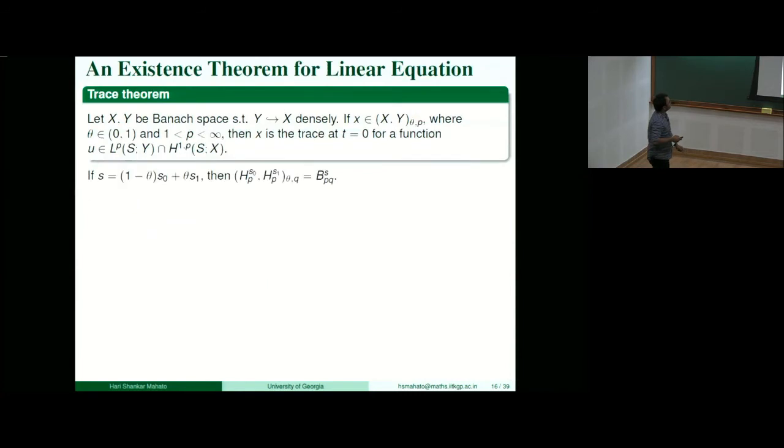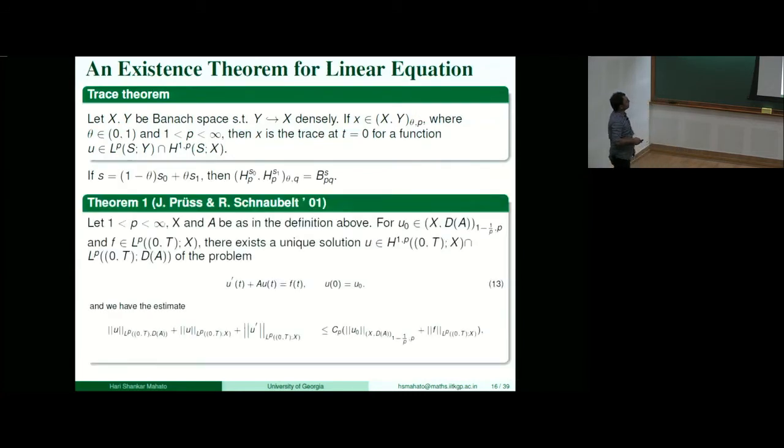And if our operator A has that property, then we can say that this Cauchy equation with initial condition u0 will have a unique solution, and it will satisfy this inequality. And of course, for that, you need your initial condition in this space. So this particular property is called maximal parabolic regularity, which guarantees that if your function f is in a certain space, then the time derivative of u will also be in the same space.